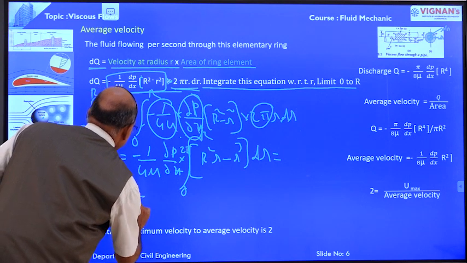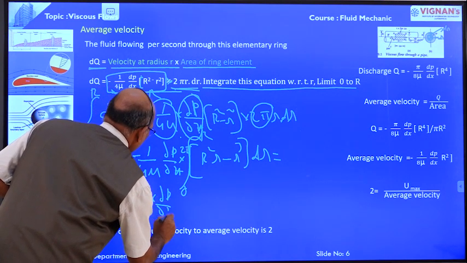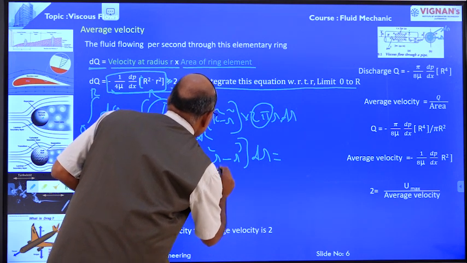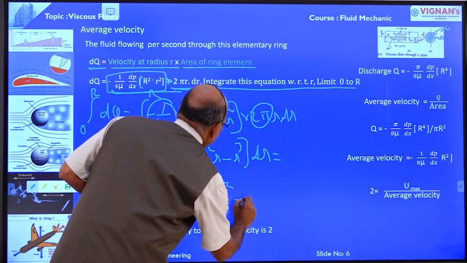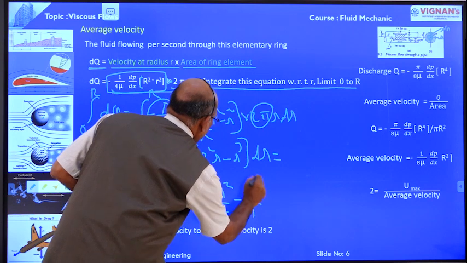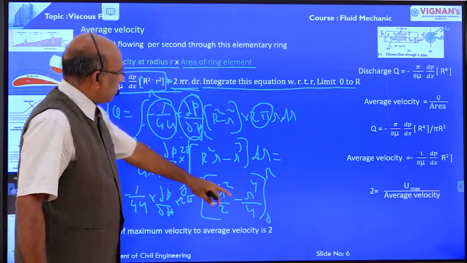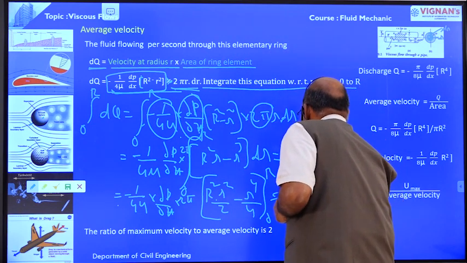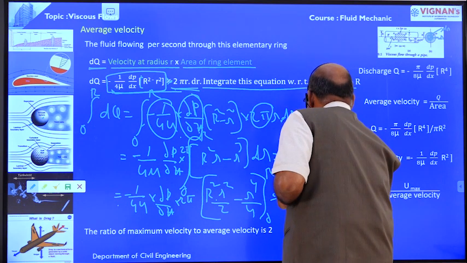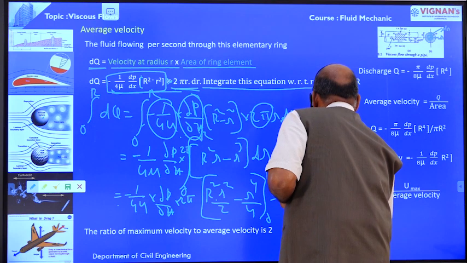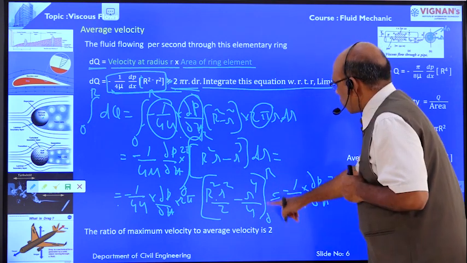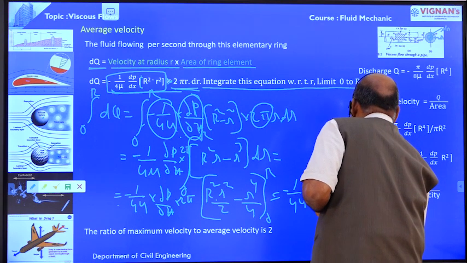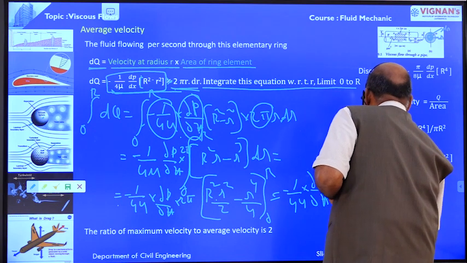Again, minus 1 by 4 mu into dp by dx into 2 pi, times (R square r square by 2 minus r power 4 by 4) from 0 to R. Now we apply the limits 0 to R. In place of r square we substitute capital R power 4, so R power 4 divided by 2 minus R power 4 divided by 4.